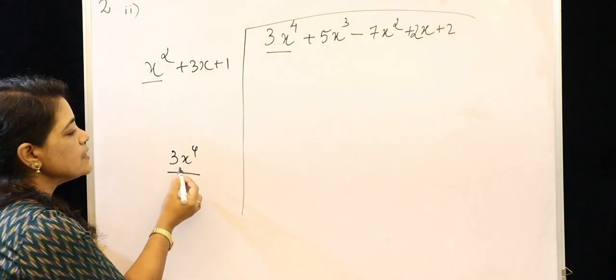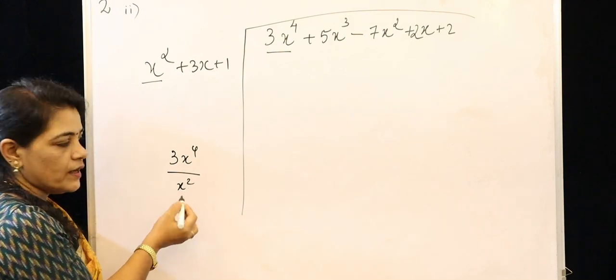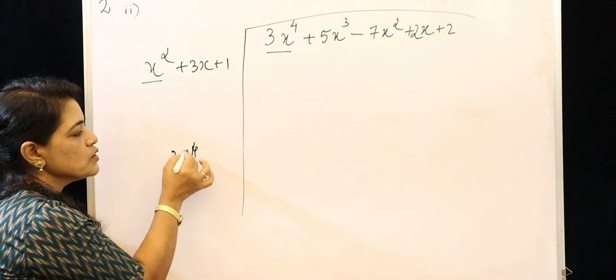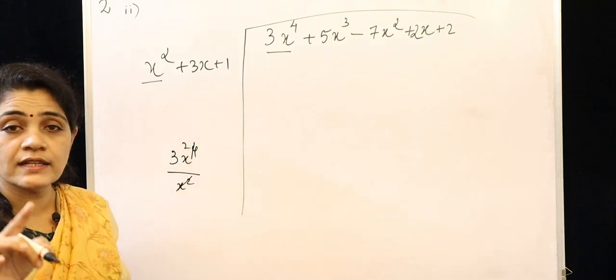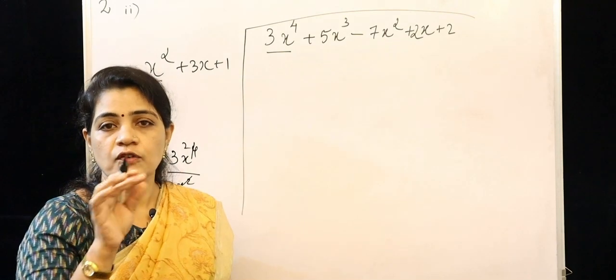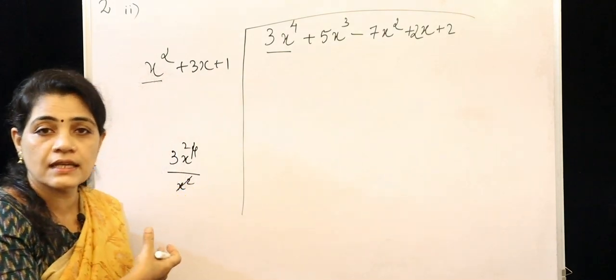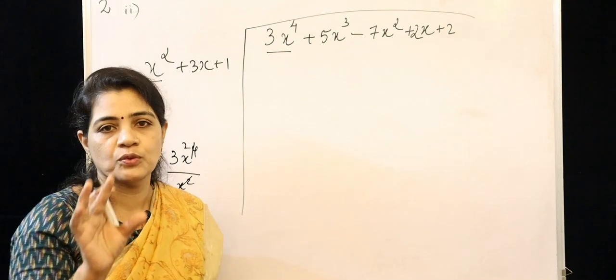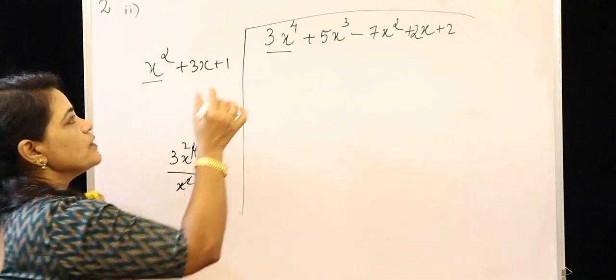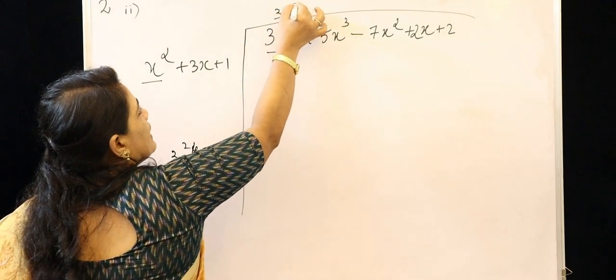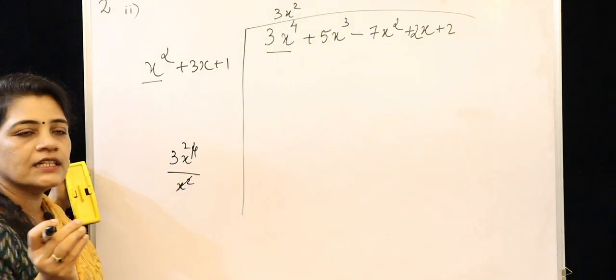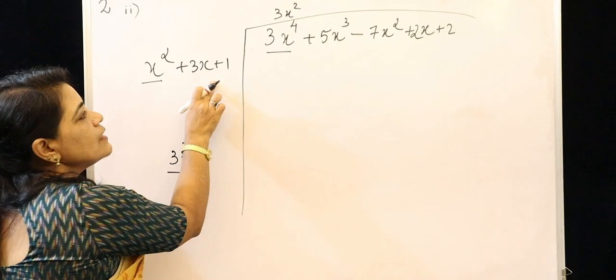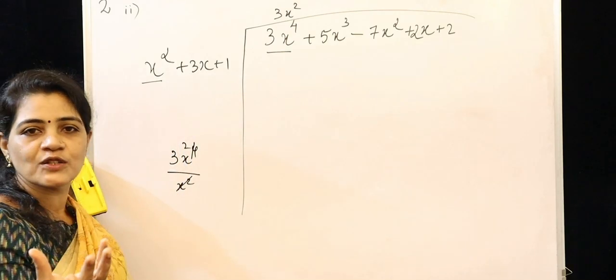So x raised to 4 and x square, x raised to 4 is x into x into x into x. So from the 4 x's, 2 x's are cancelled, so remaining, the power of variable is 2. So 3x square is the first term, and after getting the first term we can multiply all the terms in the g of x with the 3x square.